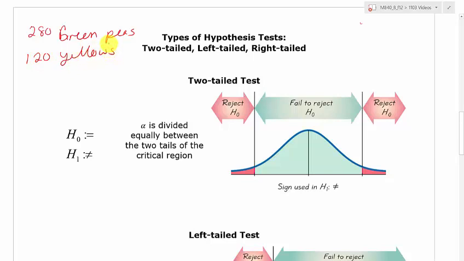We grew some peas and we collected them, and we had 280 green peas and 120 yellow peas. We are claiming that 75% are green.